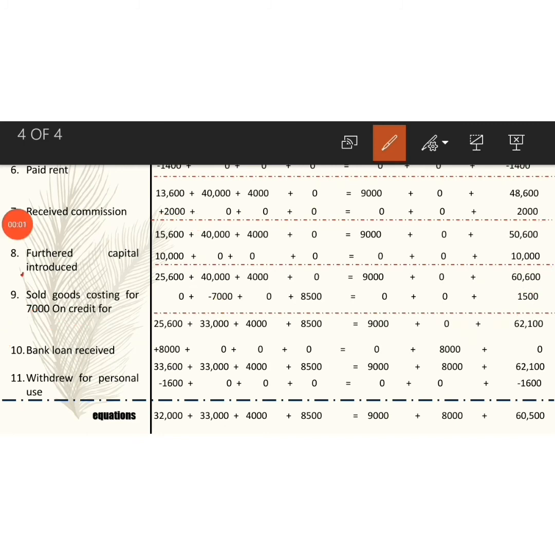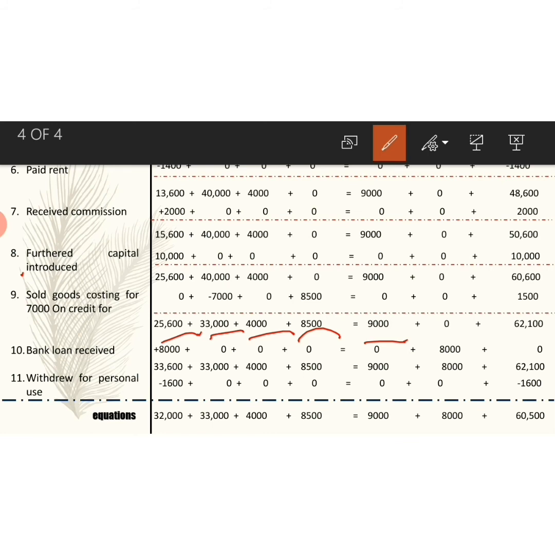Again, upon adding these, cash rupees 25,600 plus 0 is 25,600. For stock, rupees 40,000 minus 7,000 is 33,000. And 4,000 plus 0 is 4,000. Again, debtors 0 plus 8,500 is 8,500, creditors 9,000 plus 0 is 9,000. Again, 0, 0, 0.